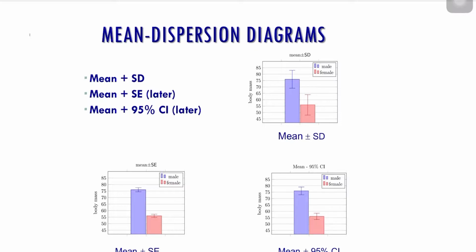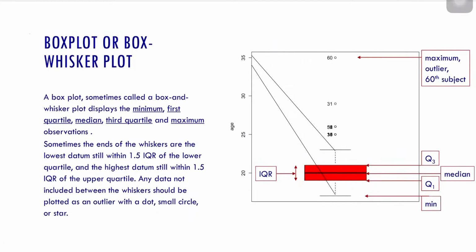Or we can use mean with a mean dispersion diagram, again with the standard deviation, standard error, and we can also use other data. It's very important. After finding the mean, we can add the standard deviation or error or other information which is important.